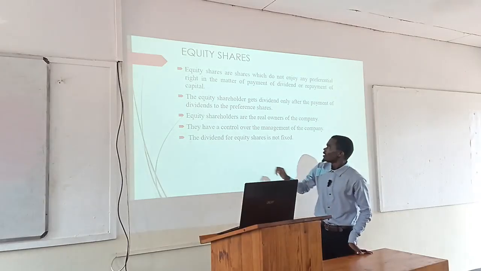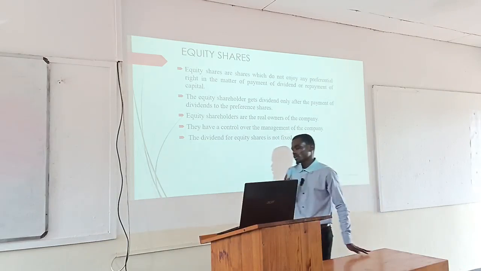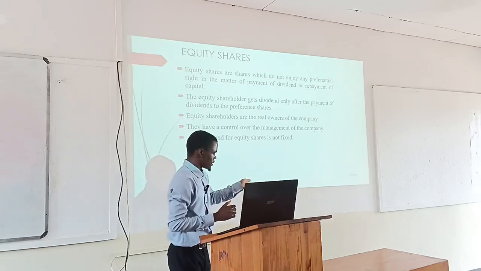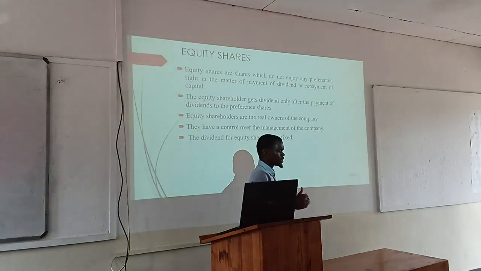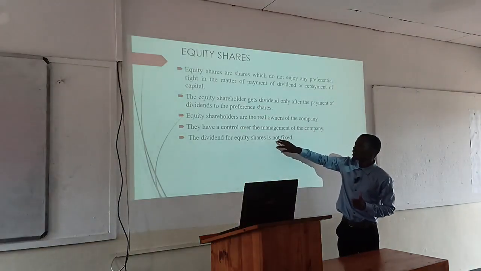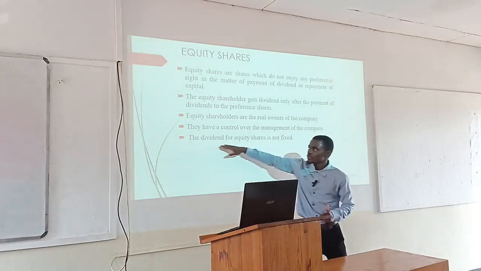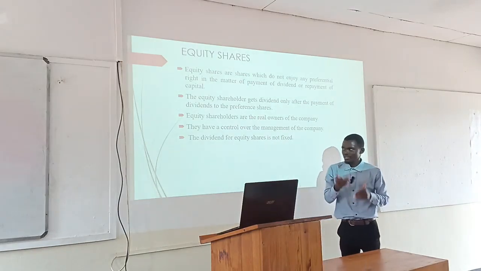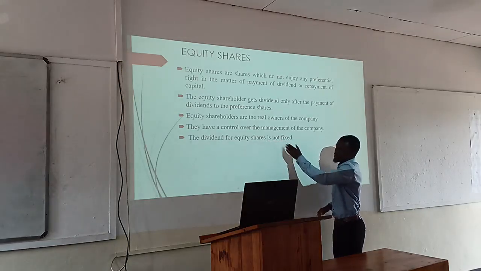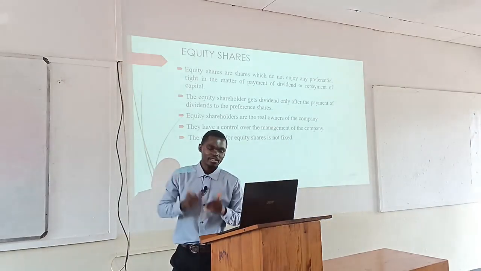The next one: these dividends are not fixed. You don't have a fixed rate of dividends that you'll be getting from the organization. So these people are not guaranteed dividends. In some months, they may not be able to receive dividends because they are not fixed.